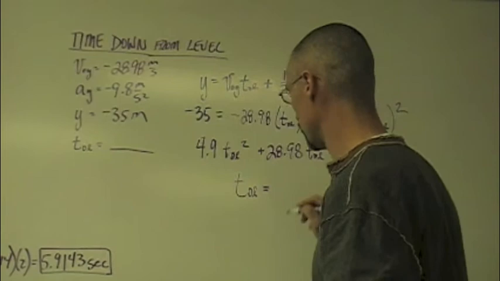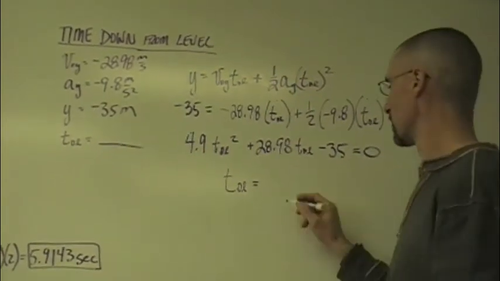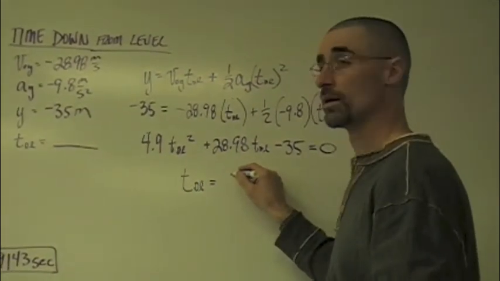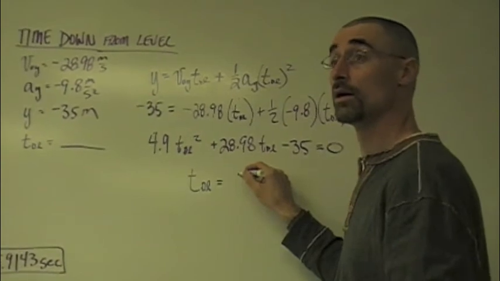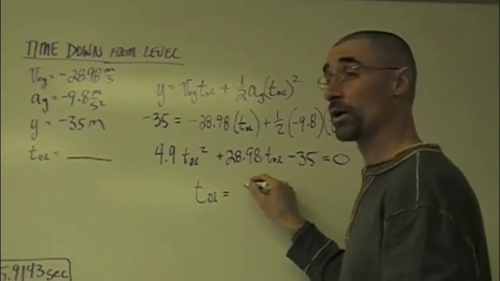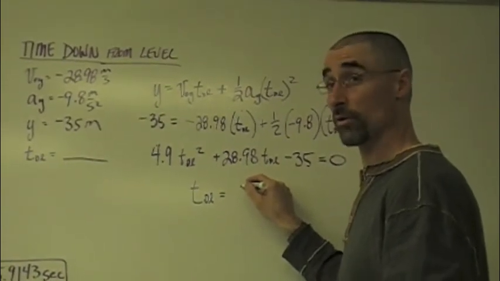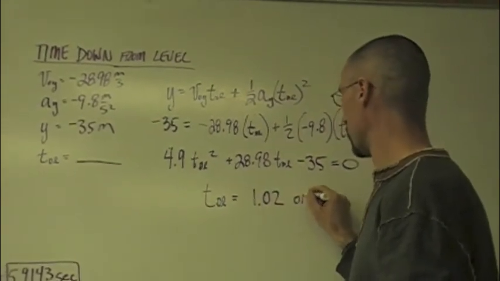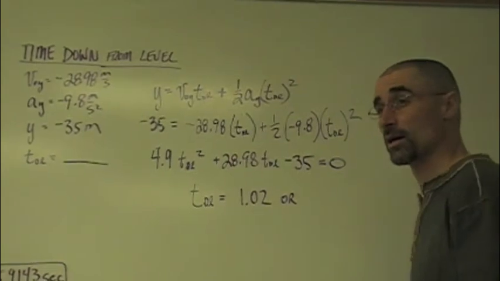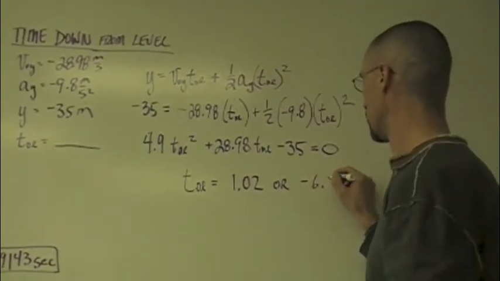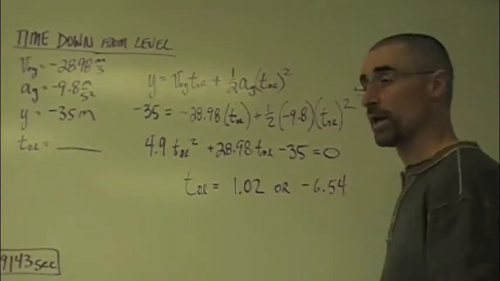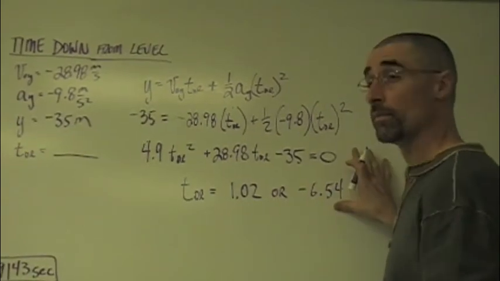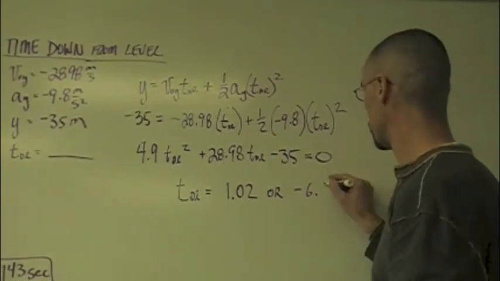Okay, so time t_dl is equal to what, two solutions? 1.02? Is that what I'm hearing? Yeah. 1.02, or there should be a negative 6.54. 6.54, right? 6 point what? 94?